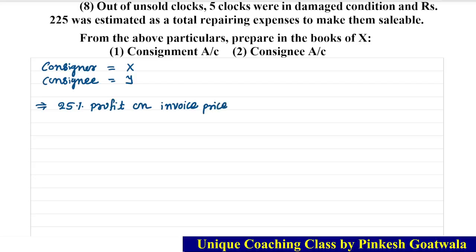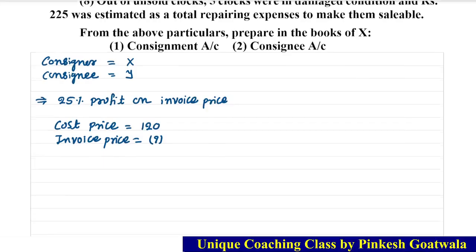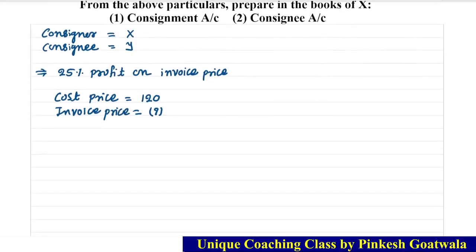Okay, 25% profit on invoice and the cost price is given, 120. It means we have to find out the invoice price. Okay, cost price આપેલી છે એટલે આપણે invoice price શોધવી પડશે. So 25% profit on invoice છે. Okay, profit કોના પર છે, invoice છે.